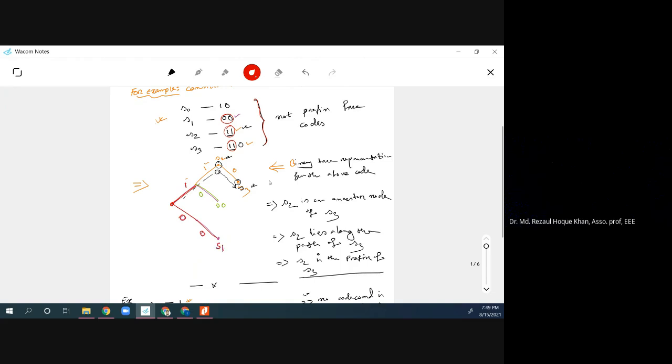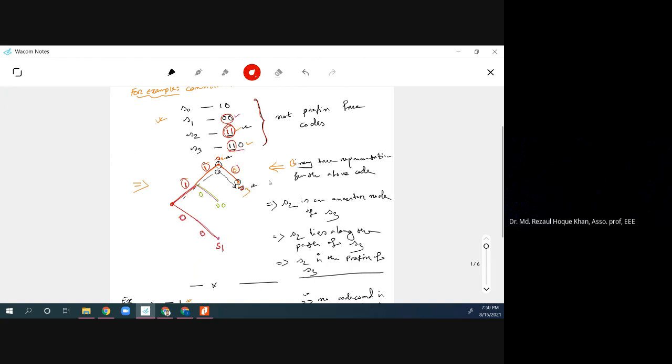Now from 1, if you go further 1, then it's 1, 1, which is S2. If you go from here 0, then 1, 1, 0 is the code S3.